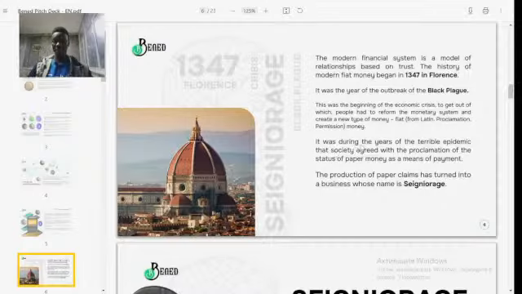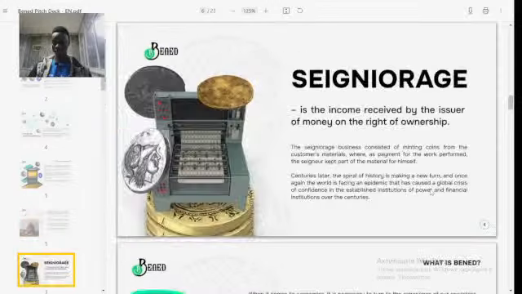Okay, moving on. It was during the years of the terrible epidemic that society agreed with the proclamation of the status of paper money as a means of payment. The production of paper claims turned into a business called seigniorage. Basically, it's a business run by the government of the state.